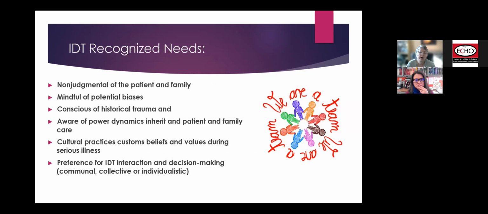But be mindful of those potential biases that are there. We need to be conscious of historic trauma and the awareness of those dynamics inherent in people. Allison will be spending a little bit more time talking about historical trauma.